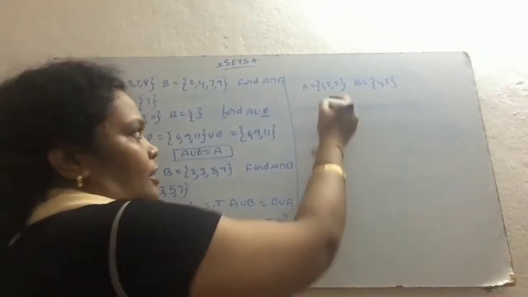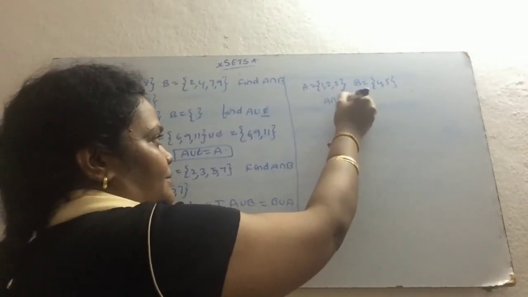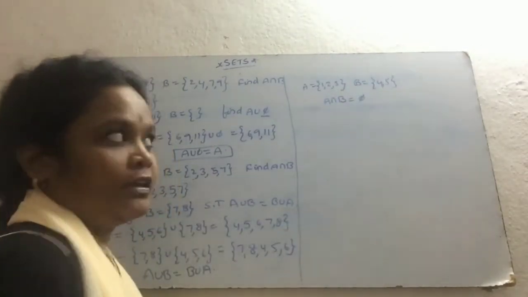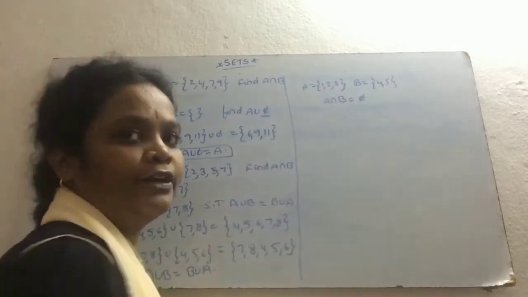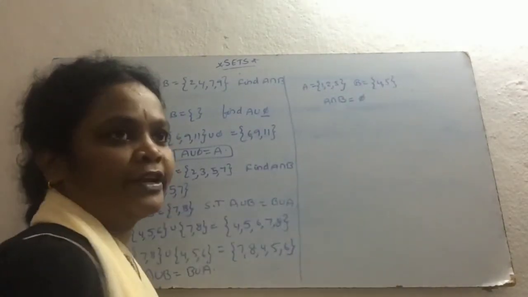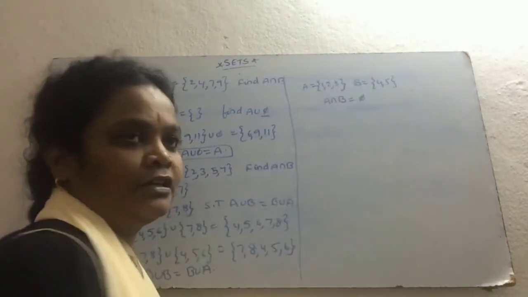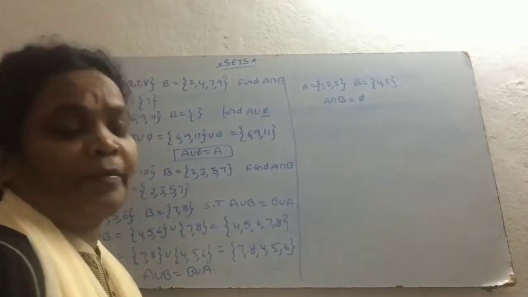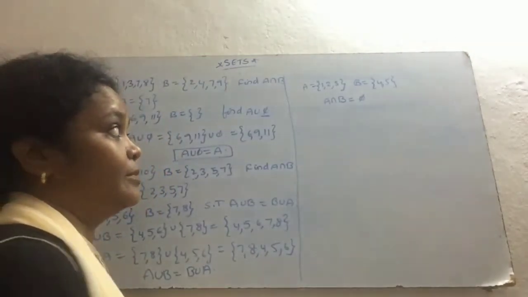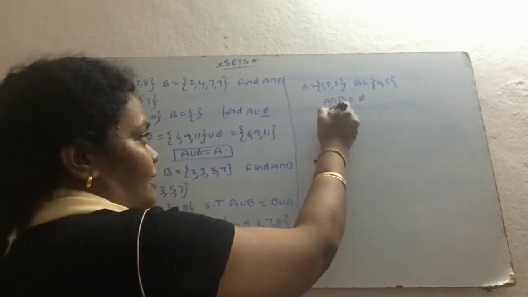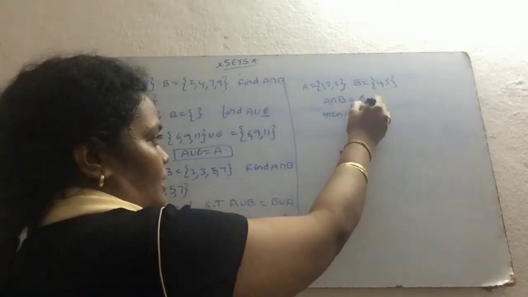So disjoint sets means A intersection B is equal to empty set. So I will take A equal to {1, 2, 3} and B equal to {4, 5}. In these two sets, no common elements are there. That means A intersection B is equal to empty set. Then A and B are disjoint sets.